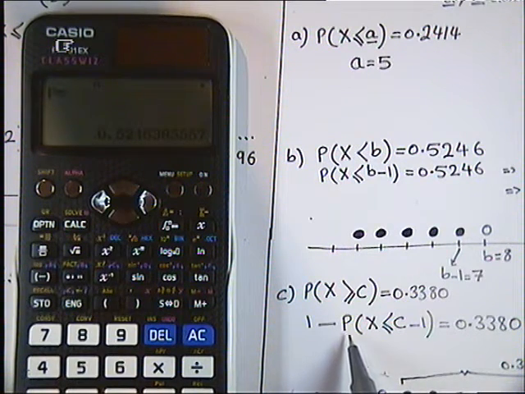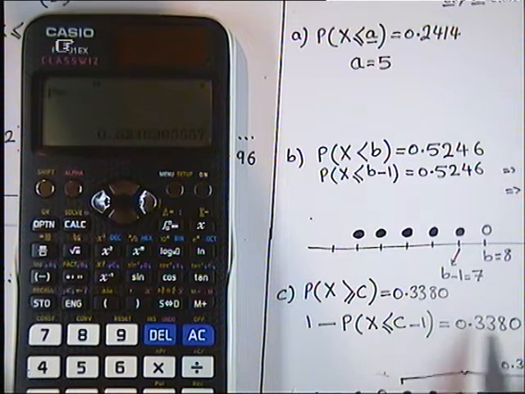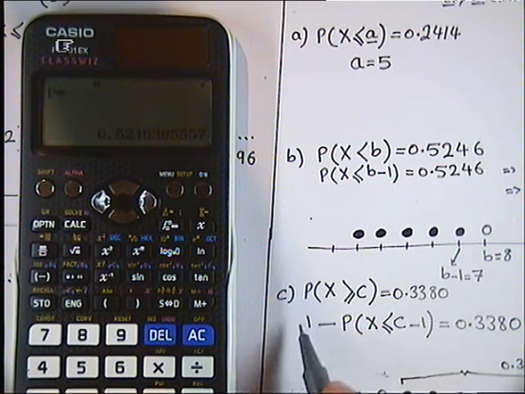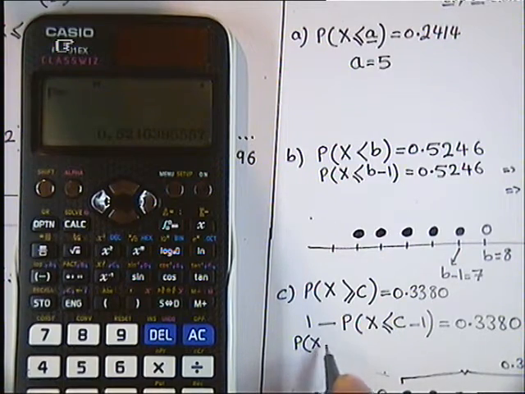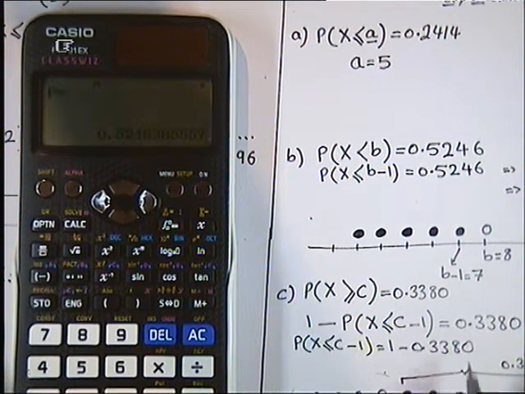So you can take probability of x less than or equal to C minus 1 to right hand side and 0.3380 to left hand side. What do you get? You get probability of x less than or equal to C minus 1 is equal to 1 minus 0.3380.